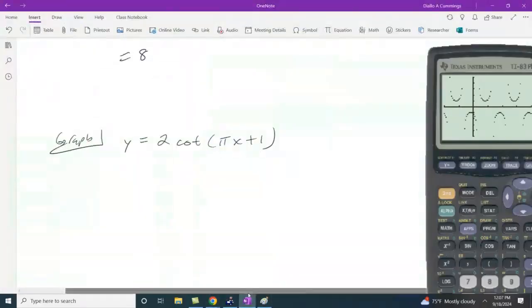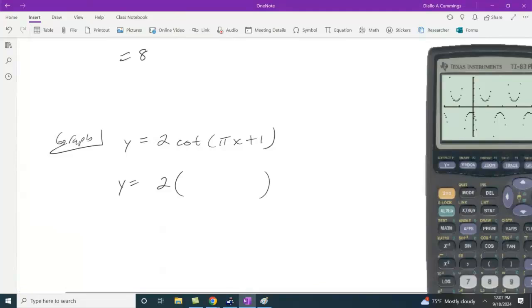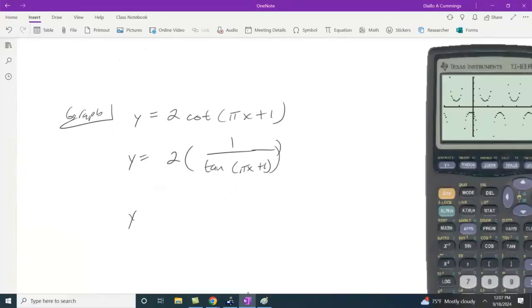I'm going to keep 2 as my multiplier. I'm going to rewrite the cotangent as 1 divided by the tangent of pi x plus 1, so this is going to equal 2 over the tangent of pi x plus 1.